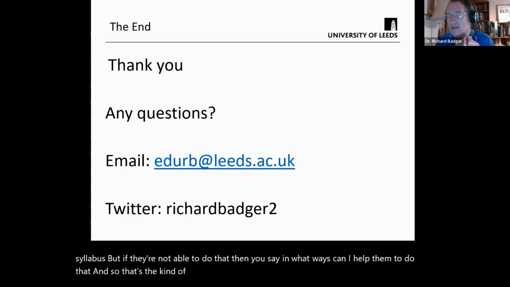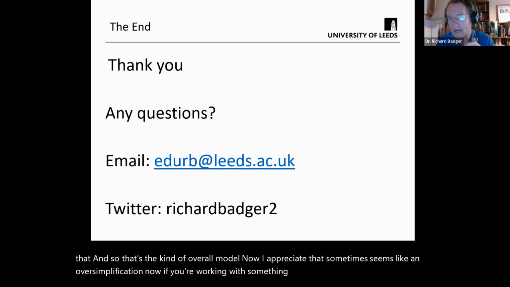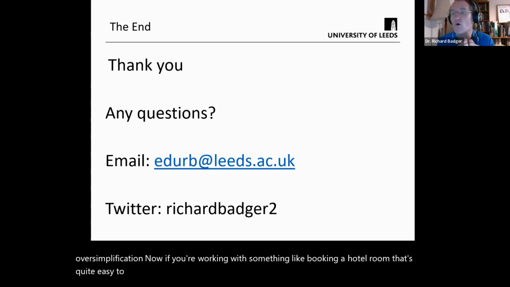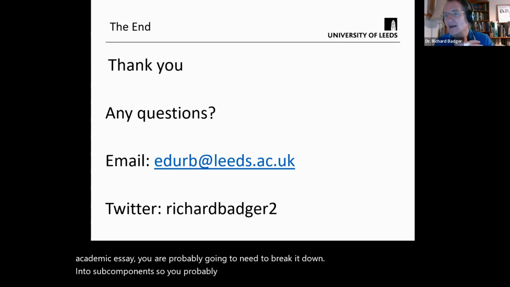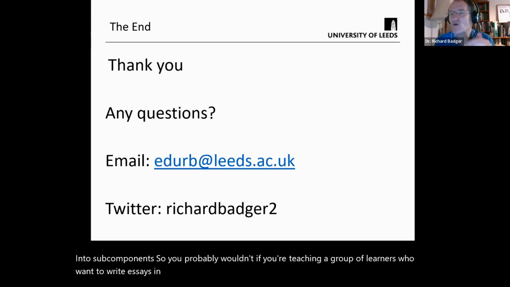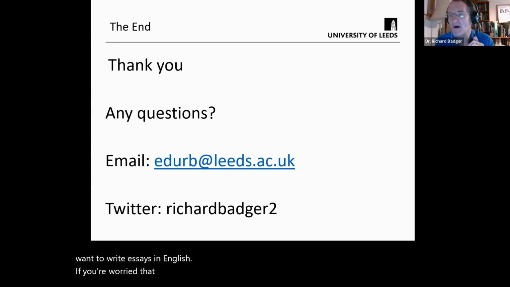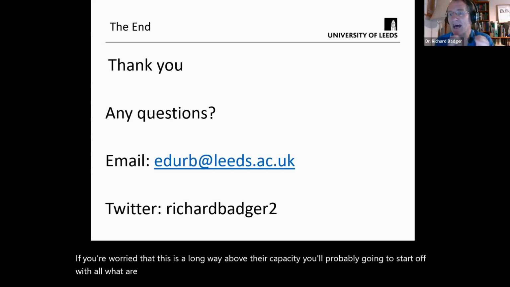Now, I appreciate that sometimes this seems like an oversimplification. Booking a hotel room is quite easy to do, whereas with a more complex task like writing an academic essay, you are probably going to need to break it down into subcomponents. If you're teaching learners who want to write essays in English, and you're worried that this is a long way above their capacity, you're probably going to start by asking what the sub skills involved are, and try a task on one of those sub skills.